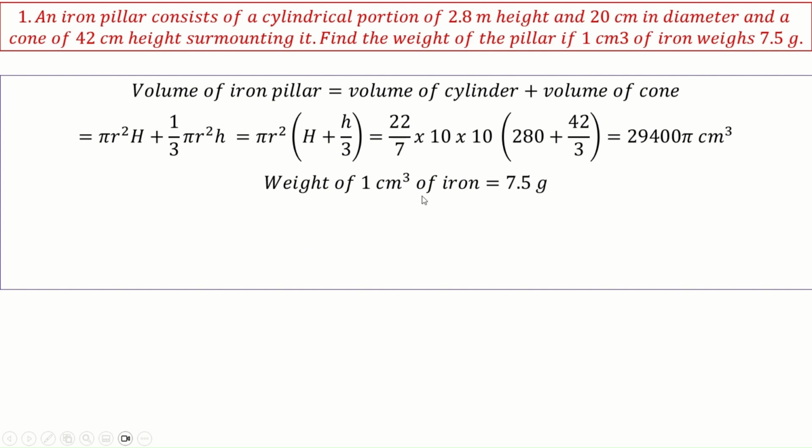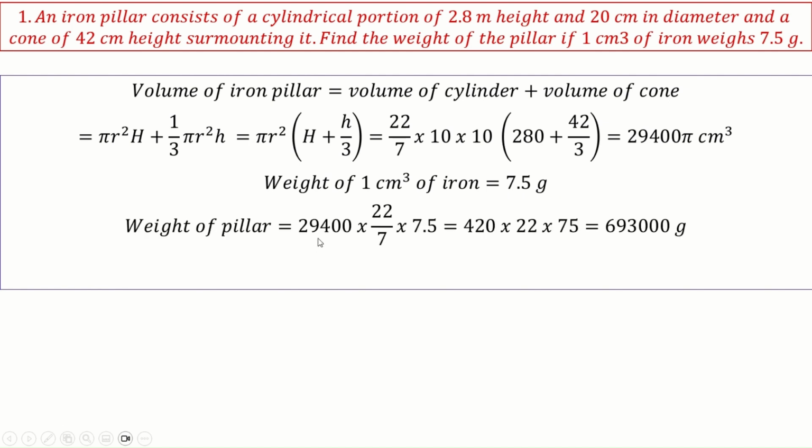The weight of 1 centimeter cube of iron is 7.5 grams. So 29,400 into pi into 7.5 is nothing but 6 lakhs 93,000 grams or 693 kgs. This is the real application of mensuration.